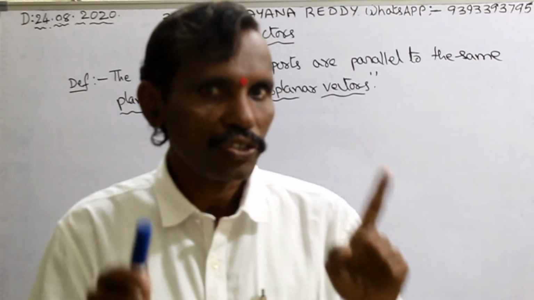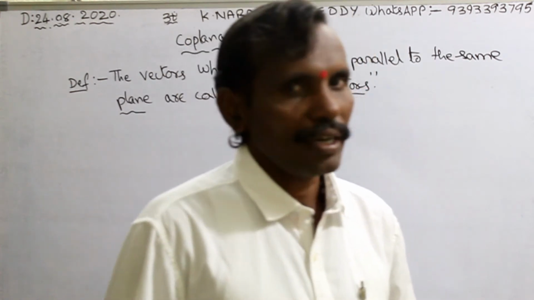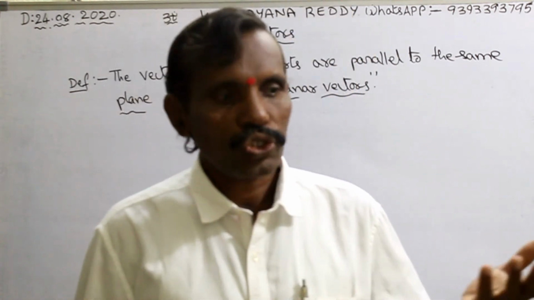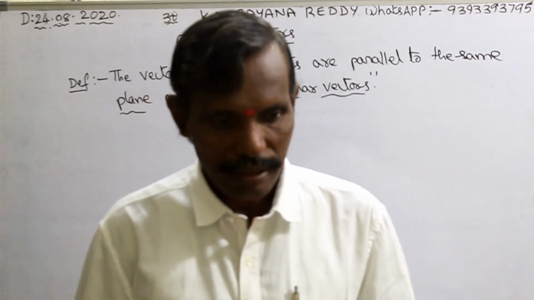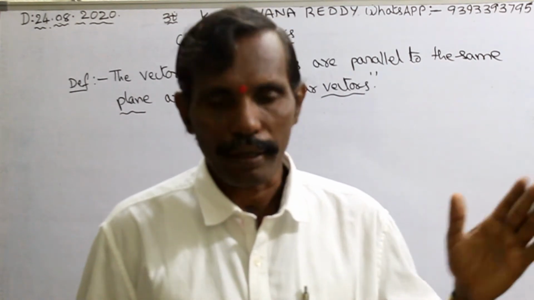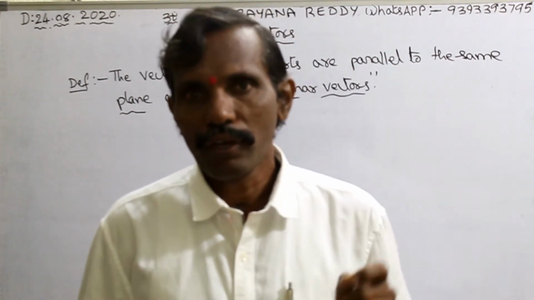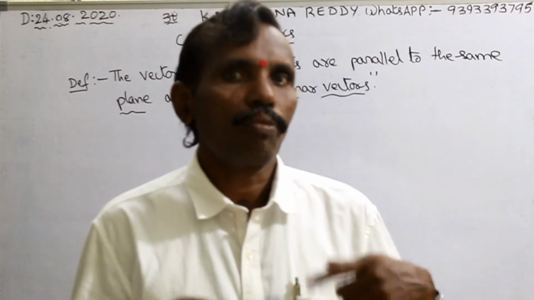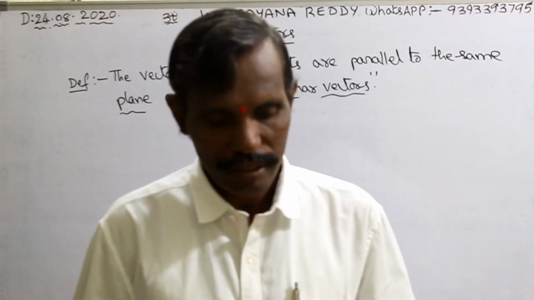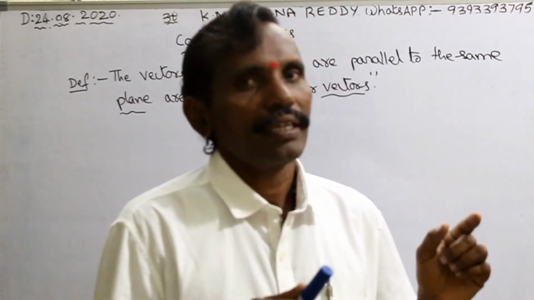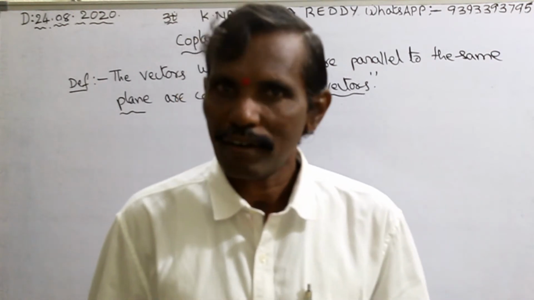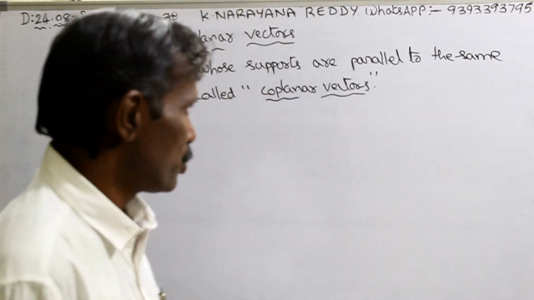That is an important point which I have observed here. Because suppose you take two non-zero vectors, those are coplanar. But whenever you have 3 or 4 vectors, at that time we want to check whether they are coplanar or not.